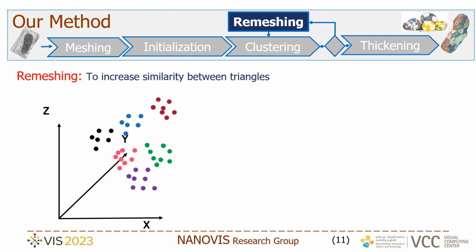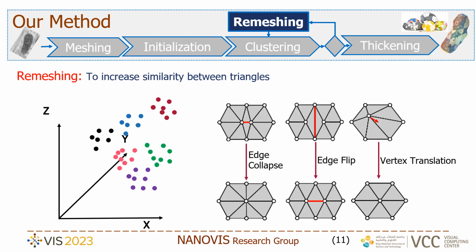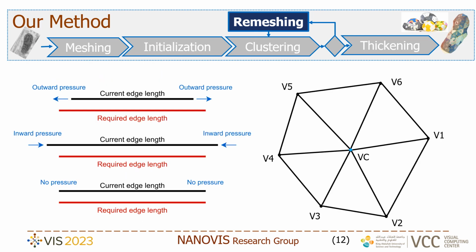Remeshing. As stated in the previous slide, remeshing is used to increase similarity among the triangles, or to minimize these distances. We use three types of operators. Edge collapse and edge flip are executed only once, while the vertex translation is iterated with clustering until we reach the desired number of k types of identical triangles. For vertex translation, we need a new position where the vertex needs to be translated.